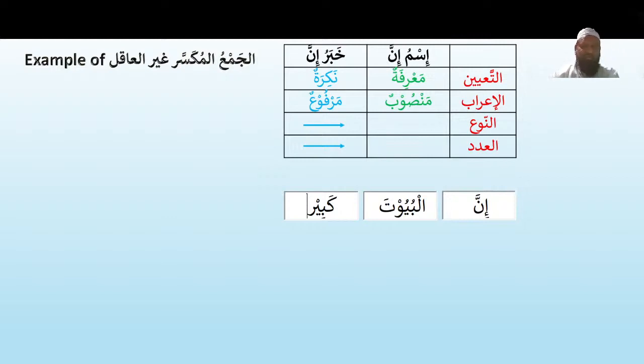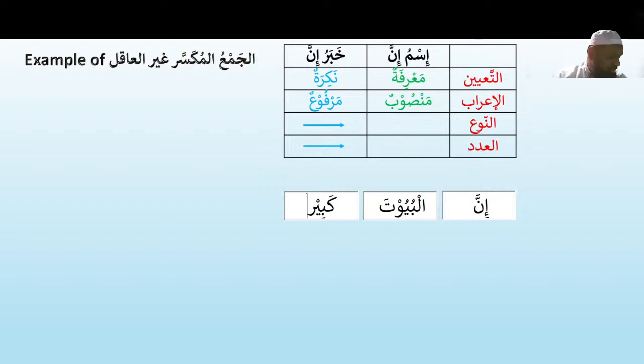Yes, if we just say muannas in terms of number, we cannot just say muannas. There's muannas al-mufrad, there's muannas al-muthanna, there's muannas al-jama. So we cannot just say muannas. We have to specify al-mufrad.